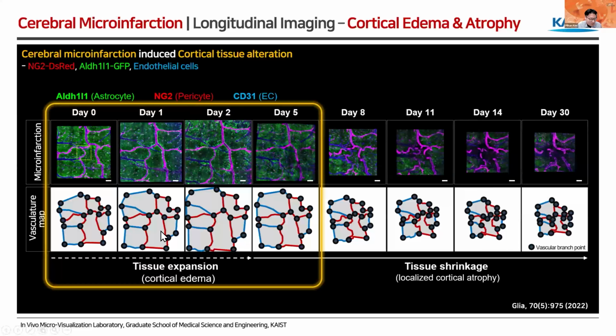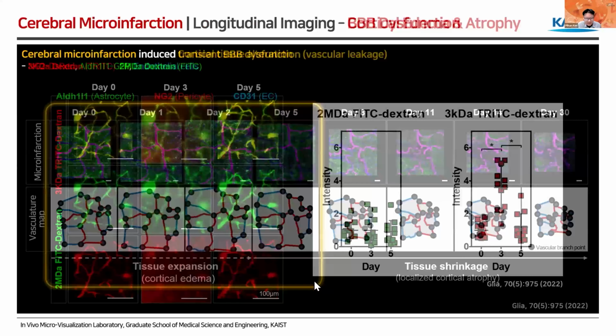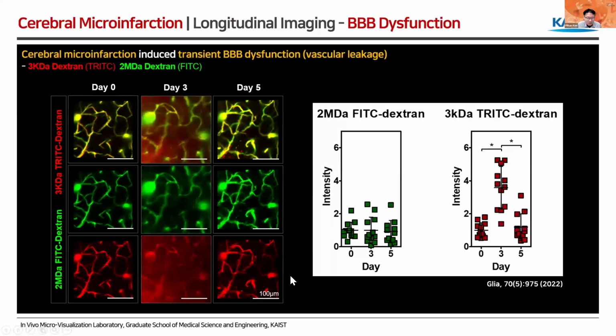So let me briefly show what happened in the first 5 to 7 days. As you know, edema means that there is vascular leakage. When we inject the 3000 Dalton Dextran, we can see the leakage at day 3. But interestingly, at day 5, this 3000 Dextran doesn't leak anymore.